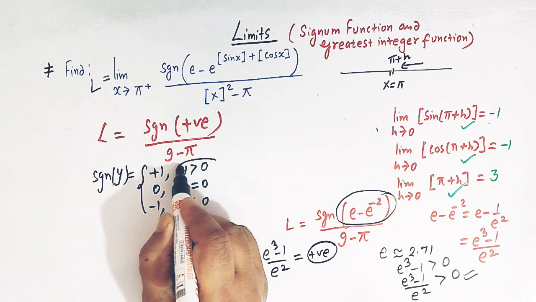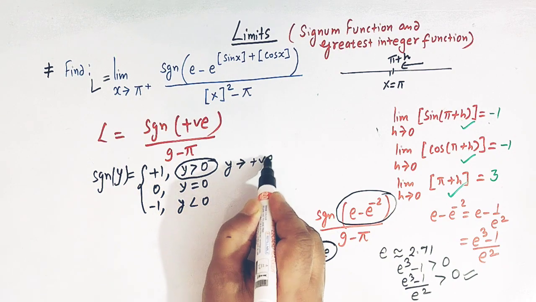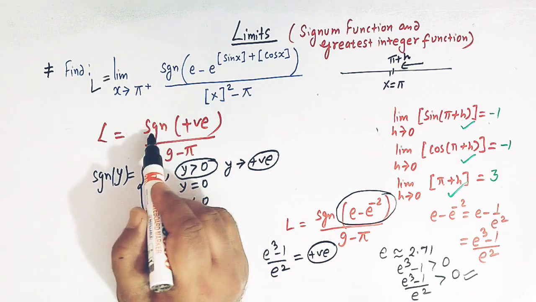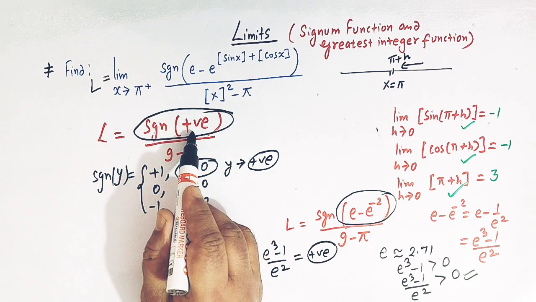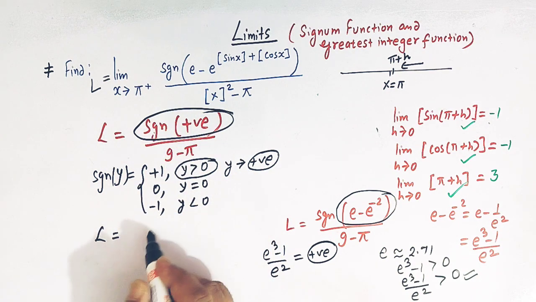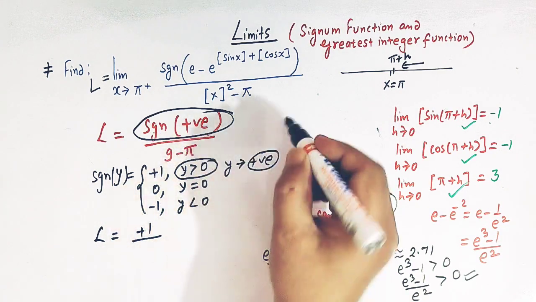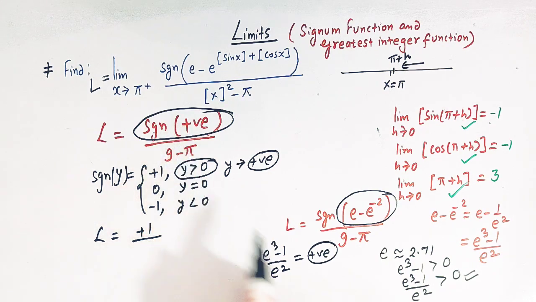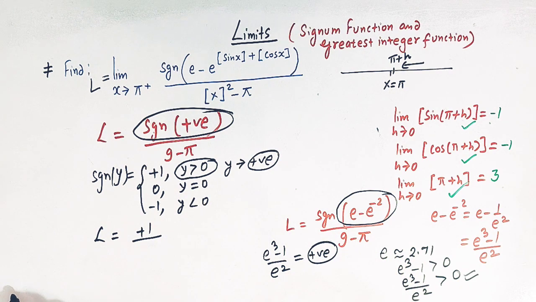So when y is greater than 0, it means when y is positive, right? Then signum of y takes the value plus 1. So here we have signum of some positive quantity, right? So the signum is plus 1, because this quantity, that is e minus e raised to minus 2, is greater than 0, right?